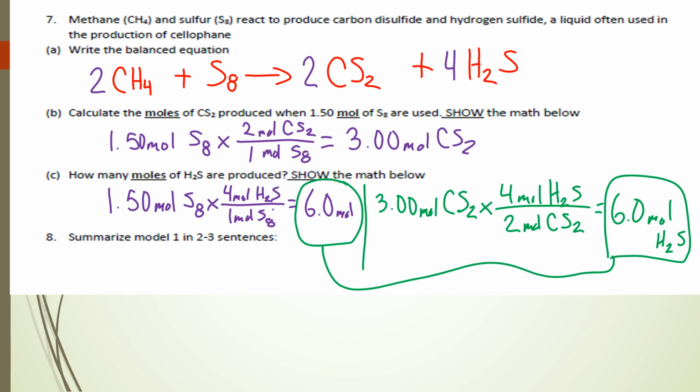Part B asks us to calculate the moles of carbon disulfide that's produced when 1.50 moles of sulfur are used. So I start off by writing my given. I have 1.50 moles of S8. And then I'm going to go from mole of A to mole of B. So when you did this calculation, I'm going to put 1 mole of S8 on the bottom.